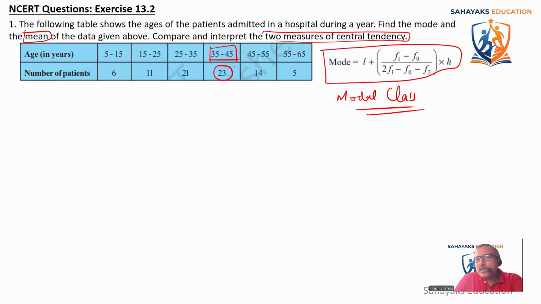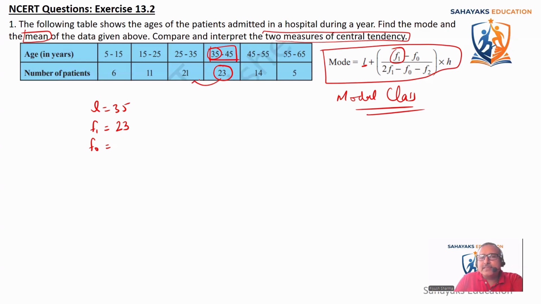So if this is the modal class, L means the lower limit of the modal class. This is the lower limit of the modal class. So the value of L is equal to 35. Then what is the frequency? This is F1, the frequency of the modal class: 23. Then F0 is the frequency of the previous class.